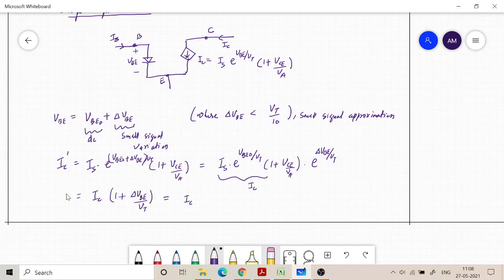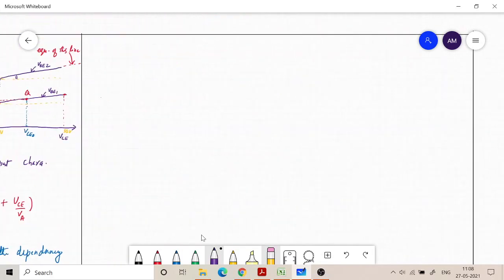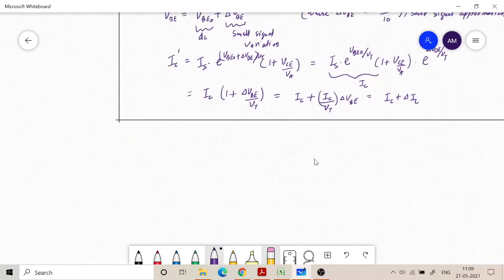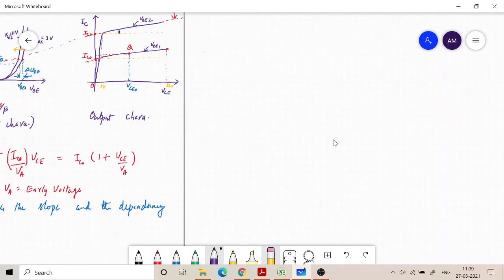If you expand, you can see that it is basically IC plus IC by VT into delta VBE. So I can say it is IC plus delta IC. So what did we get? We got the change in the collector current corresponding to the small signal variation of VBE.